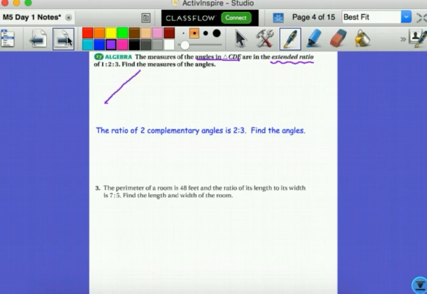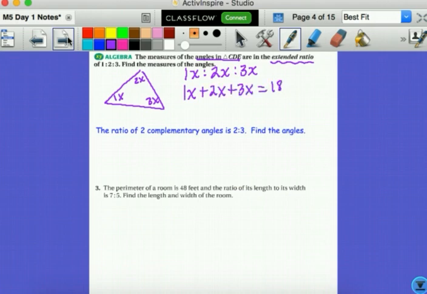So again, anytime you can, give yourself a picture. We've got 1 times some number, 2 times some number, and 3 times some number. And since these represent the angles of a triangle, we should know at this point that by adding all of those angles together, they should add up to 180. So 1x plus 2x plus 3x should equal 180.